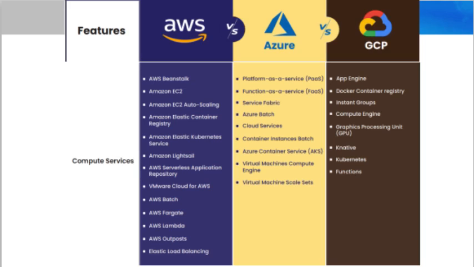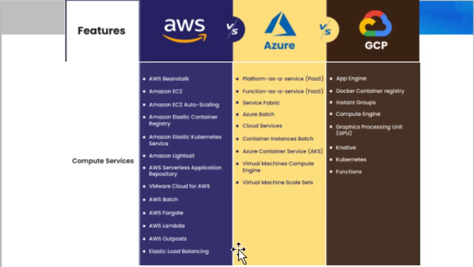Some of the features common among the three platforms include instant provisioning, self-service, auto scaling, identity management, security and compliance, among others. Here on this screen you can see the comparison of compute services of AWS, Amazon Web Services, Microsoft Azure and Google Cloud Platform.